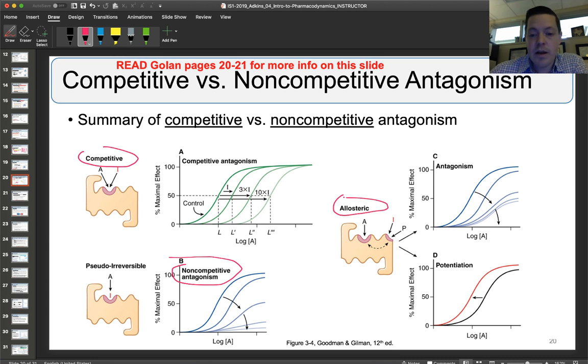Okay, on the right-hand side is when we see two different instances of allosteric modulation. And remember, we can either have antagonism, where we have a reduction, okay, in the efficacy, okay, because we're basically operating in a non-competitive situation with any allosteric inhibitors, okay. But sometimes, and remember, when we talked about benzodiazepines, we talked about allosteric potentiators or activators, okay, meaning that it makes the particular receptor more sensitive to the agonist, okay.